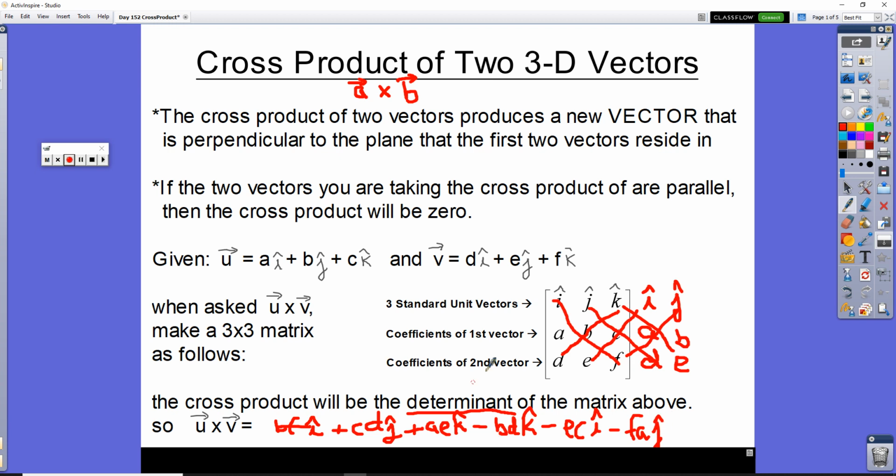So remember, with your determinants, there's always 6 products. 3 going this way, whose products you leave alone and just add up, and 3 coming back in the other direction, and those are going the wrong way, so we're subtracting all 3 of those.